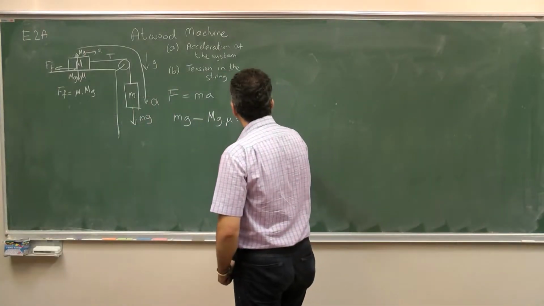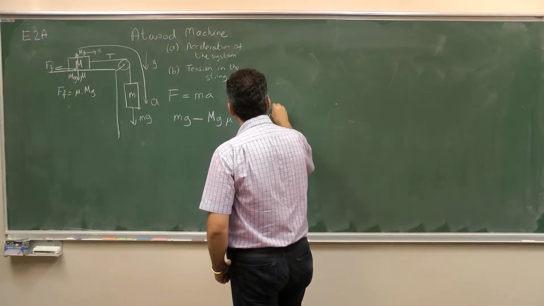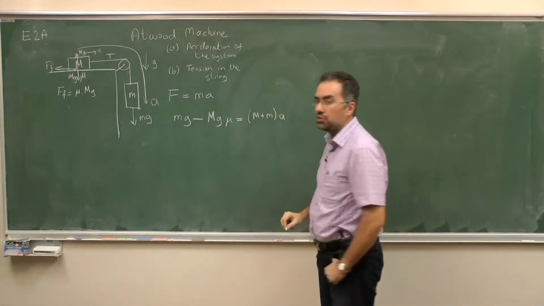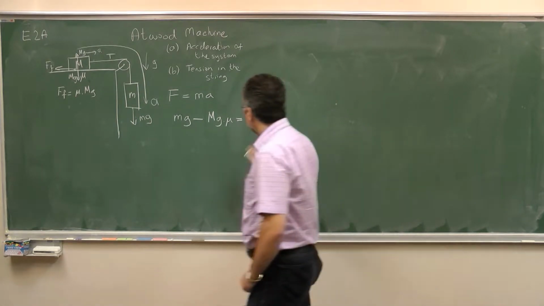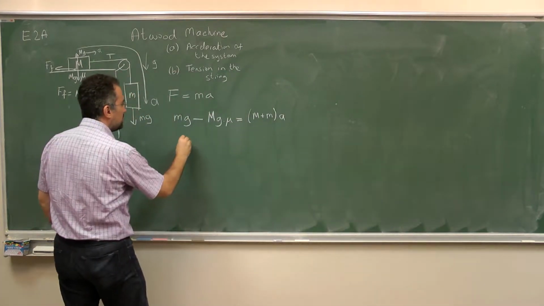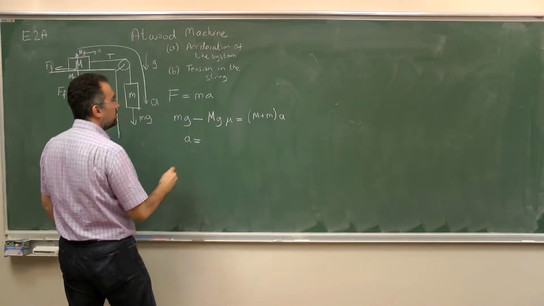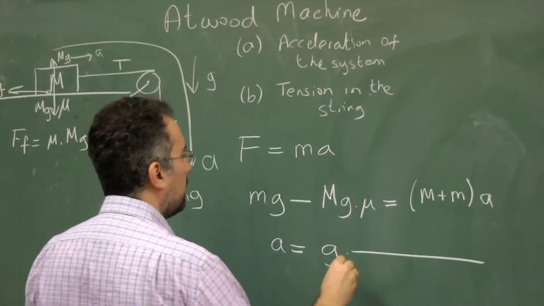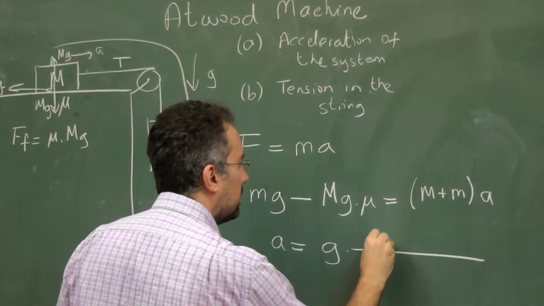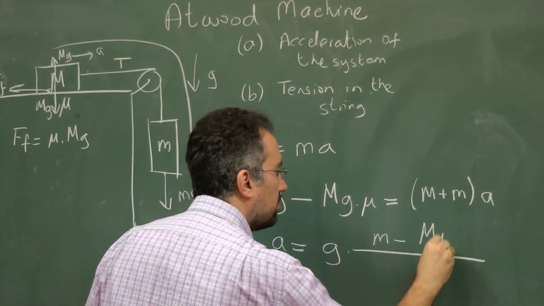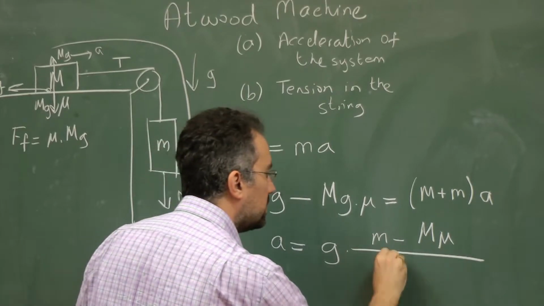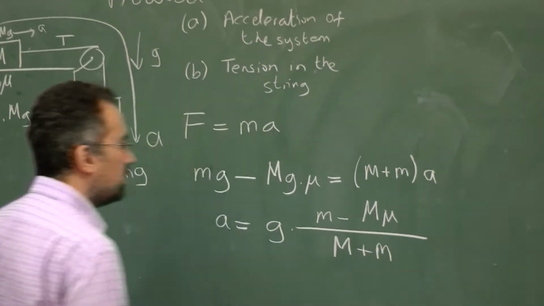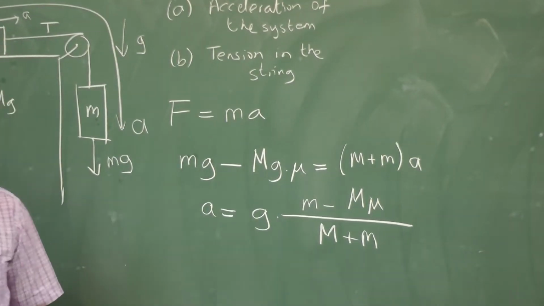So I get m plus M times the acceleration. So just by moving things around, it's easy to see that a equals g times (m minus M mu) over (m plus M).